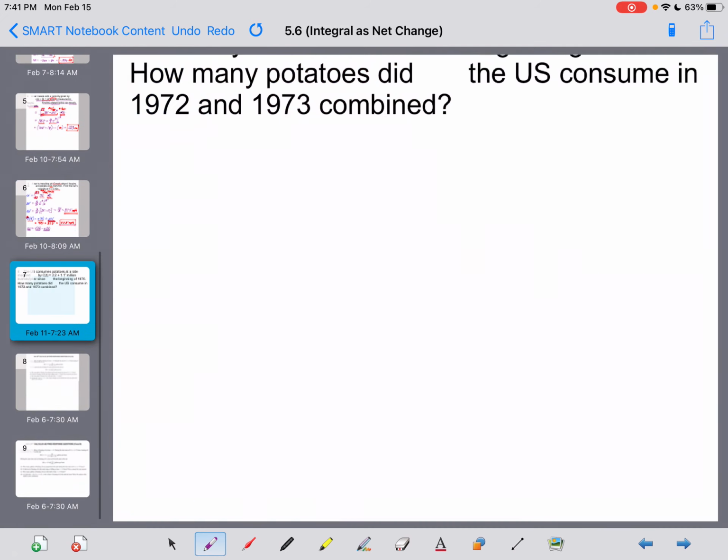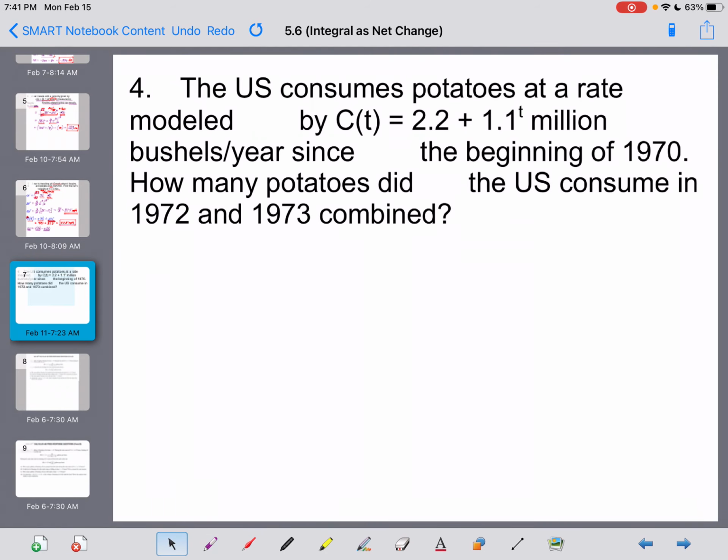Okay, I got one more problem that I really wanted to do with you guys, and then I've got one little bonus that we'll talk about in just a second. Let's take a look at what's going on here. So this is a word problem that I think I took out of the previous textbook, so you guys will never see this one again, but what's going on?